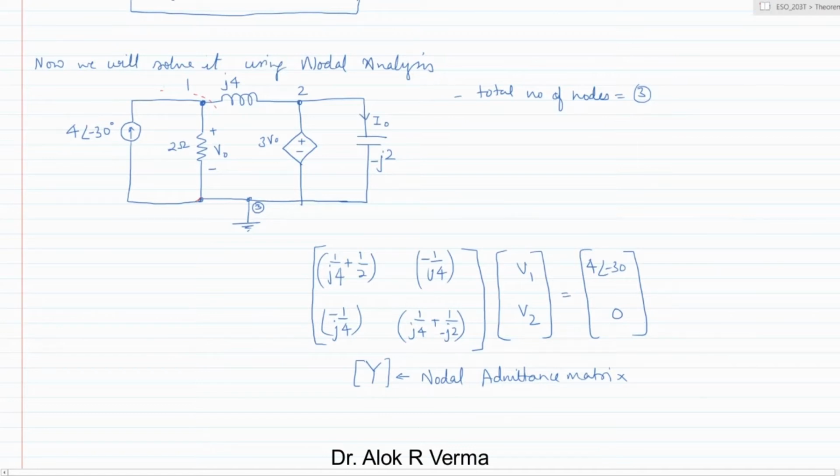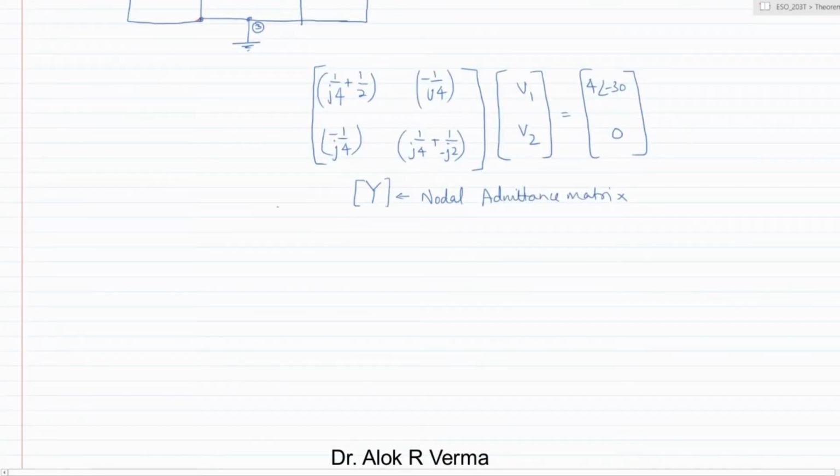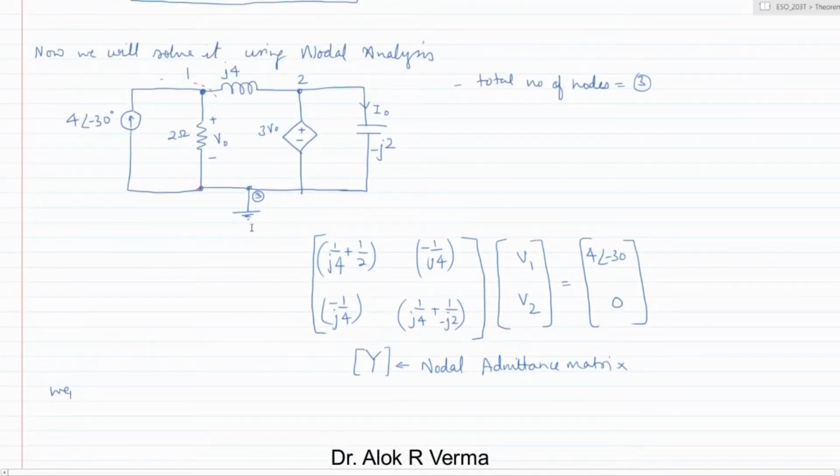Now let us solve. We can now solve this equation. We'll be solving it directly for V1 and V2, where V1 is nothing but V0.